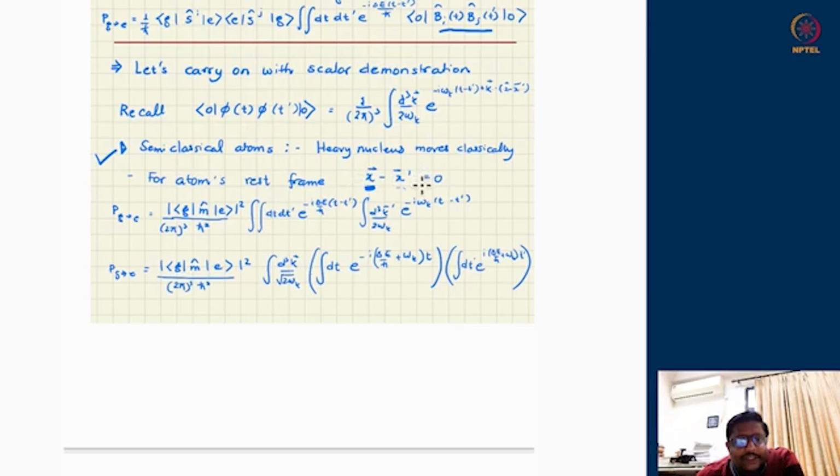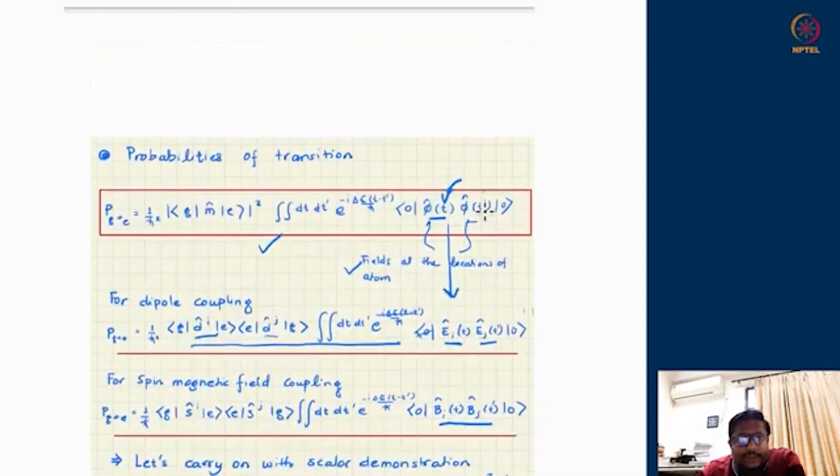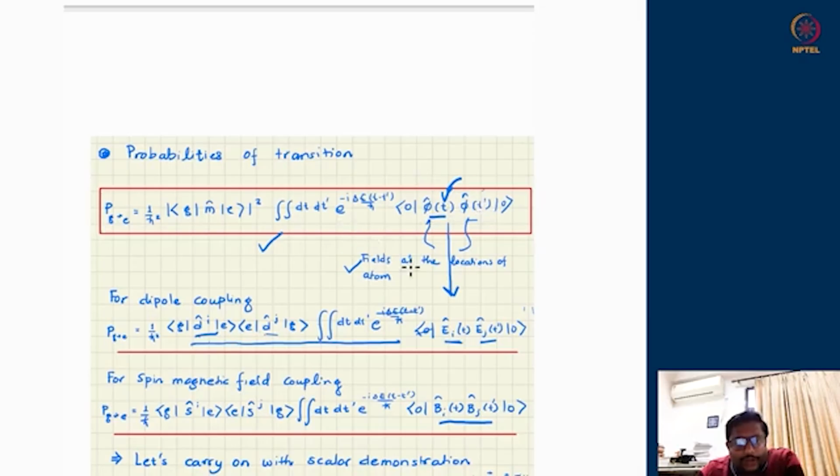So I would have x minus x prime equal to 0, which will take off the second argument in the exponent of the exponential. So the 2-point function will just become the integral over e to the power minus i omega_k (t minus t prime). And that will go and sit in the 2-point function representation which we needed in order to get the transition probability.